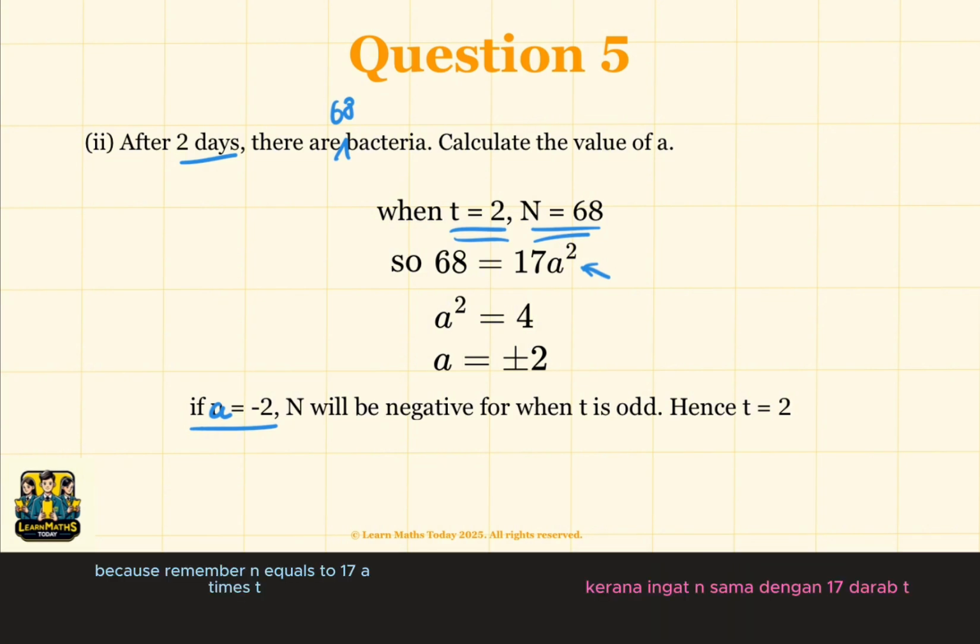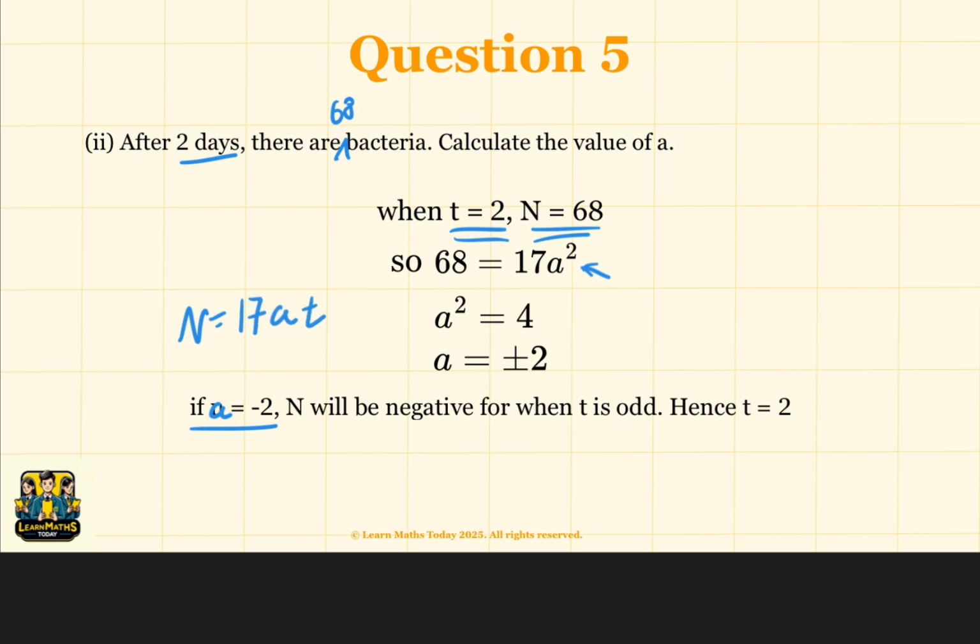Because remember, N equals 17 times A to the power of T. If A is minus 2, then when T is odd, A to the power of T will be negative, which makes N negative.